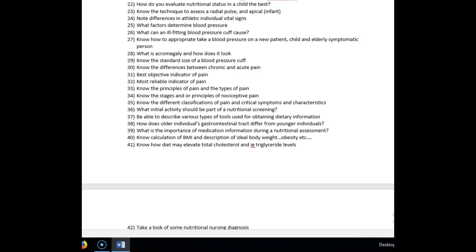Sources of pain. I don't know, let me see. I know I said principles of pain and types of pain. I'm trying to think. Classifications of pain, which is basically types.